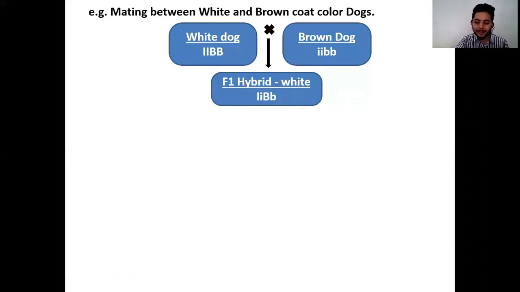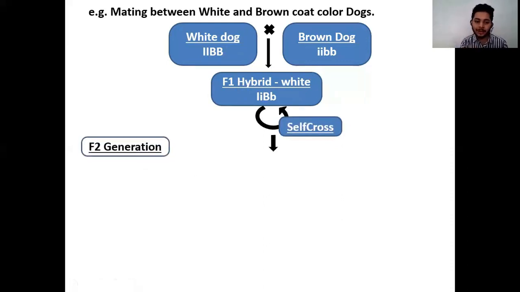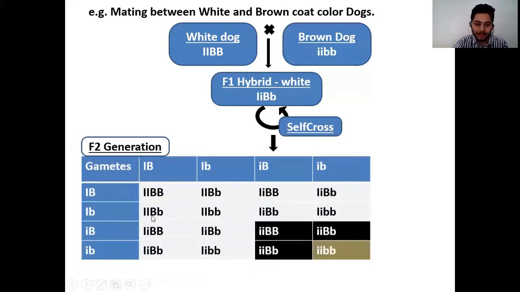Now, when two such F1 hybrids are crossed with each other, the phenomenon of self-crossing is going to take place, and the second generation that you'll get is the F2 generation. So I will have 4 gametes from the first F1 hybrid that are crossed with the 4 gametes of the second F1 hybrid. So these are the 4 gametes of one F1 hybrid, and these are the 4 gametes of the second F1 hybrid. So this is a typical Punnett square, and the crossing once carried out is again going to give you 16 combinations.